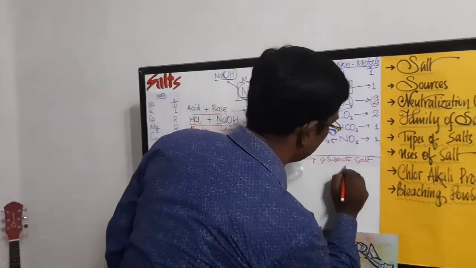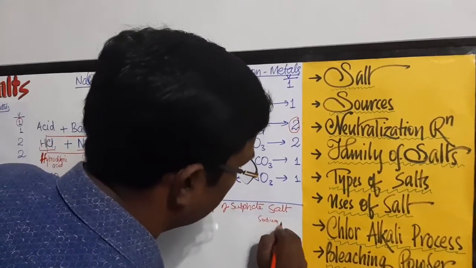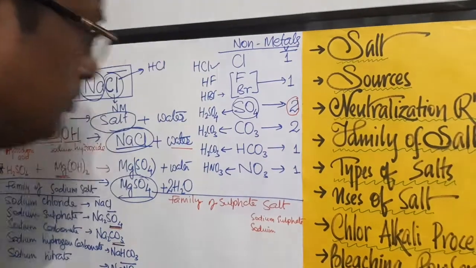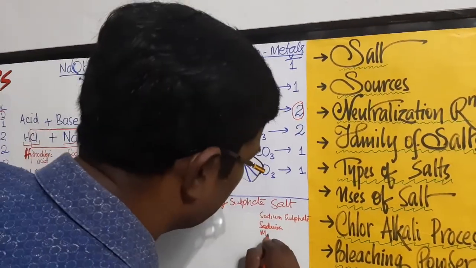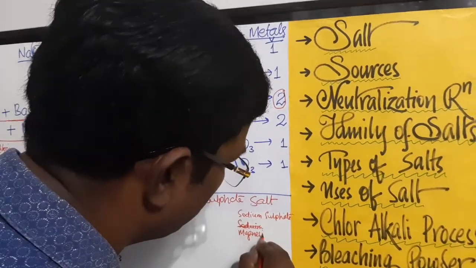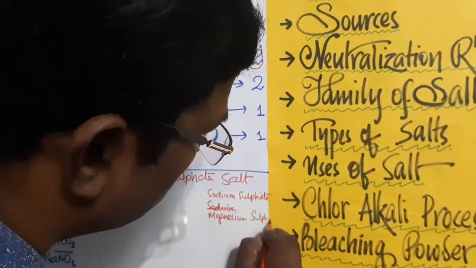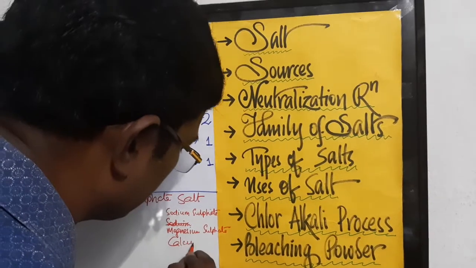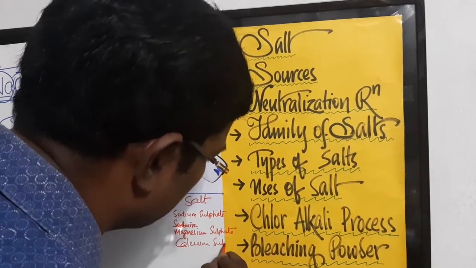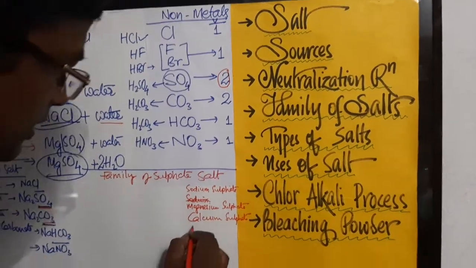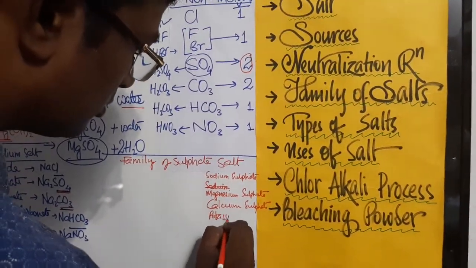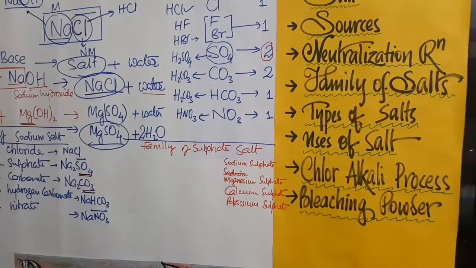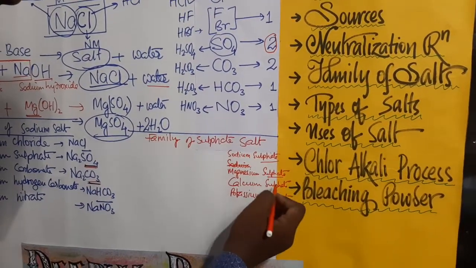So just write here sodium sulfate, then magnesium sulfate, sulfate is common, calcium sulfate, potassium sulfate, and it goes on. Here sulfate is the common thing.